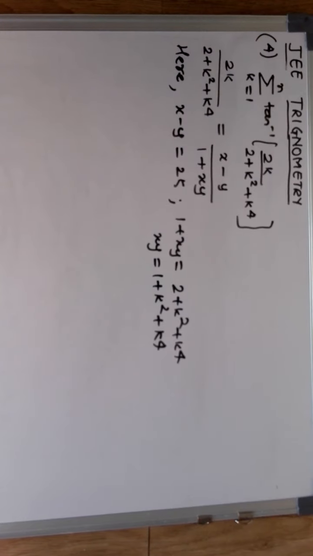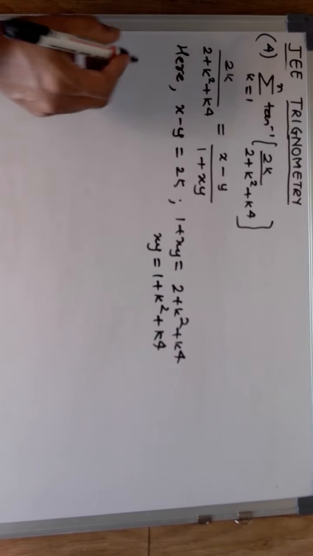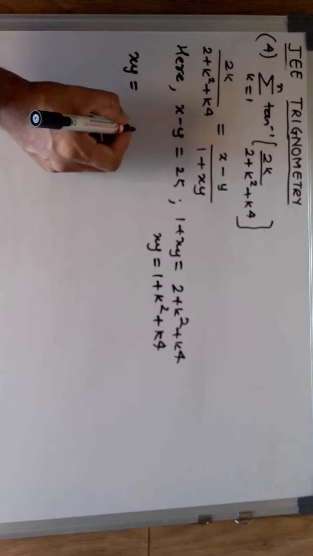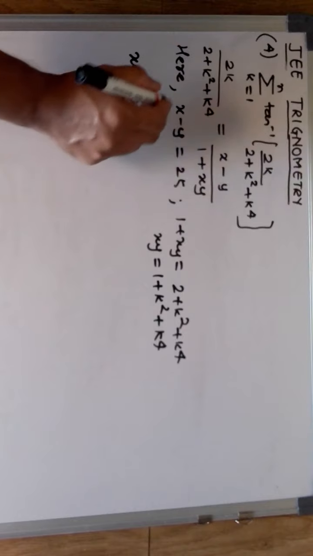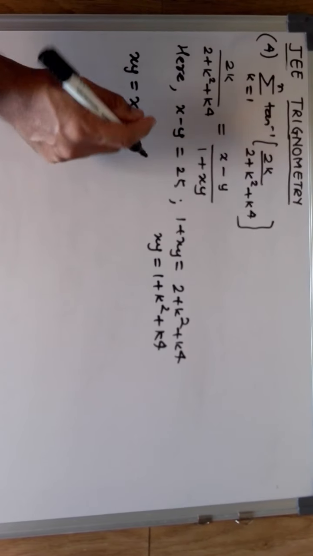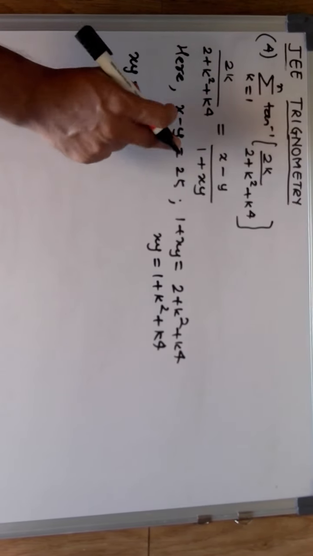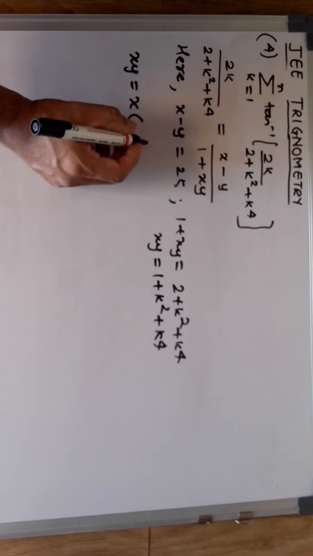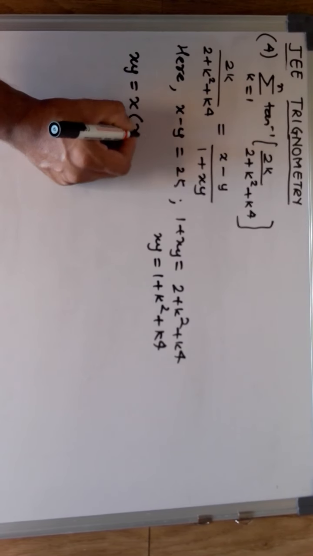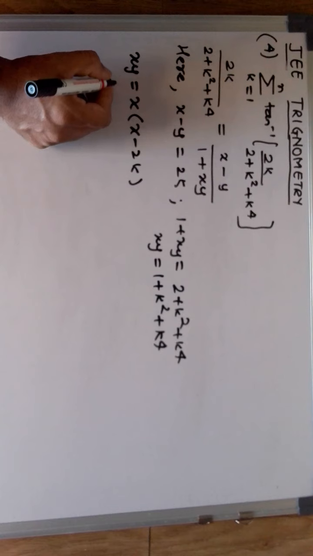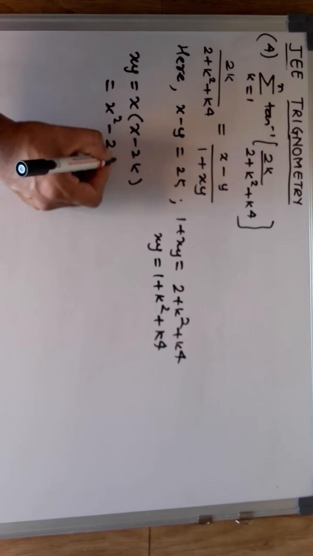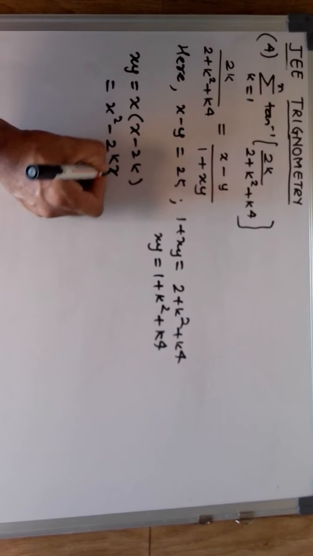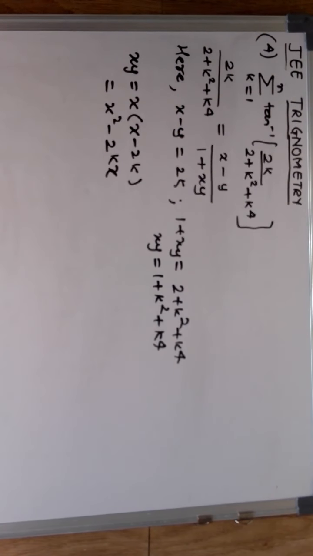I can find the value of y, and even the value of x. So I am finding xy first. xy is x into y, and I will put the value of y as x minus 2k. So it is x times x minus 2k, which will become x square minus 2kx. This is the value of xy.